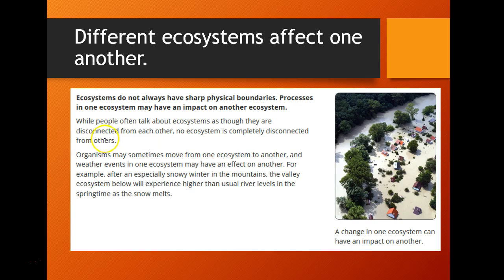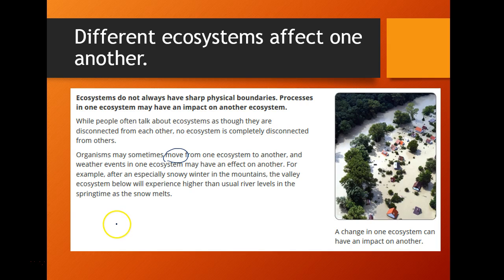Another important aspect of ecosystems for you to realize is that ecosystems don't just exist independently. They definitely are codependent on one another. No ecosystem is isolated on its own. Each ecosystem will be in some ways connected to another. So here are some examples why. Organisms may sometimes move from one ecosystem to another.